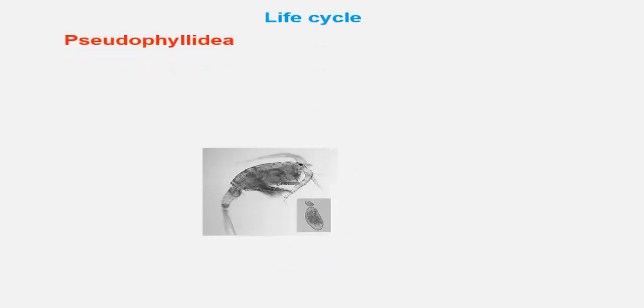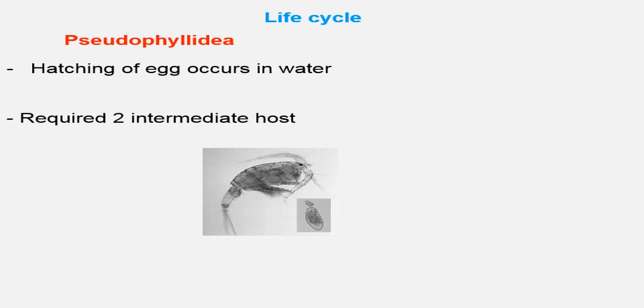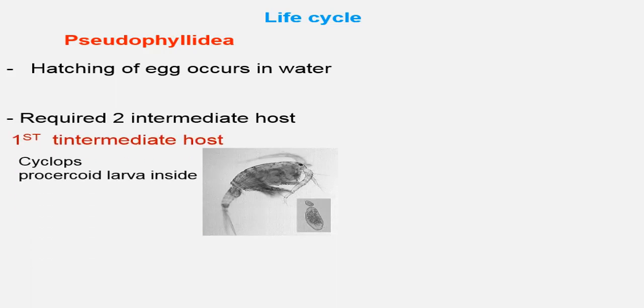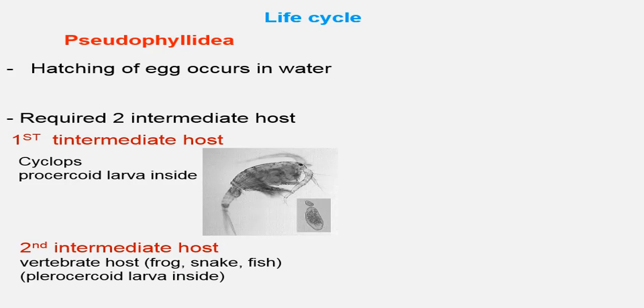And about the life cycle, in order Pseudophyllidea, hatching of the egg occurs in water and requires 2 intermediate hosts. The first intermediate host is cyclops, which contains the procercoid, and the second intermediate host is a frog, snake, or fish, containing the plerocercoid inside it.